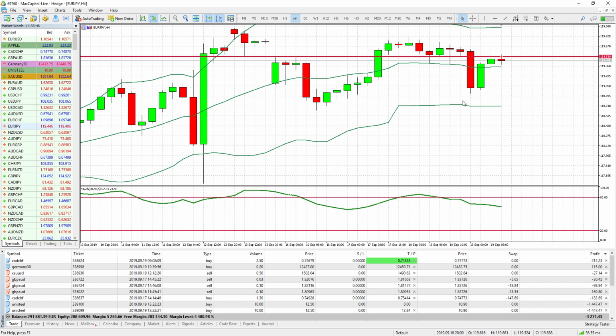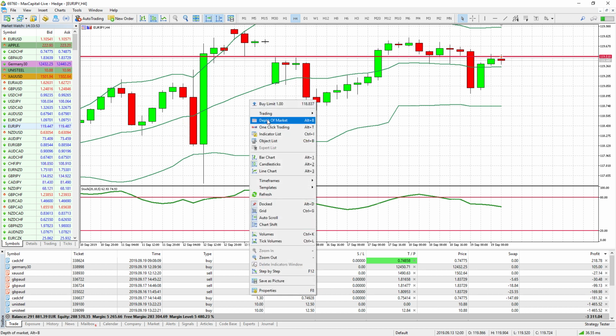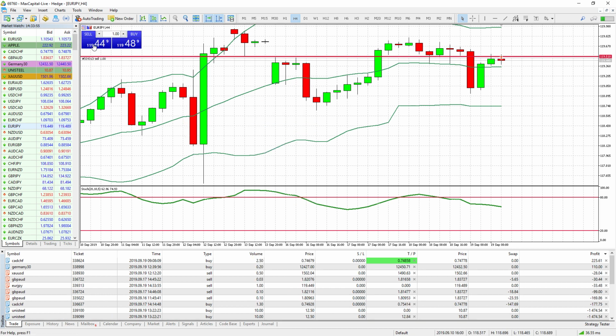Okay, Euro JPY. So we need to open the trade now. Let us one click trade for sell, and then when it reaches the area, we can open for buy. So at the moment we have a big difference. Let us put at least, yes, here we go.